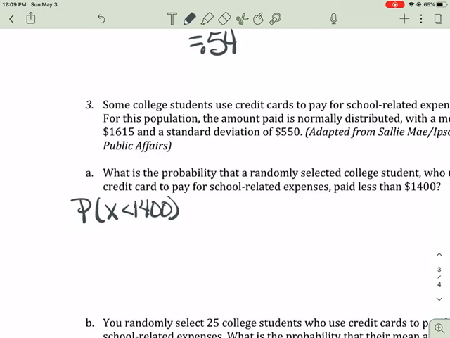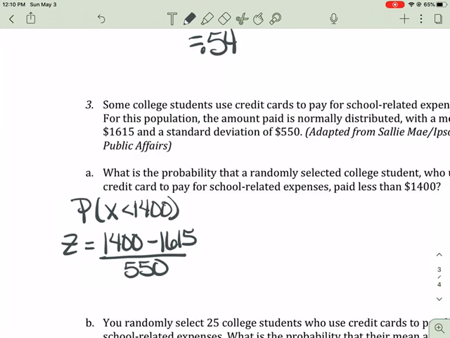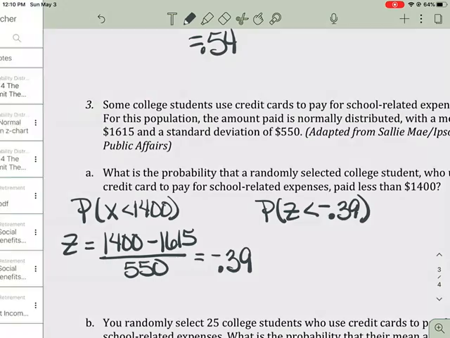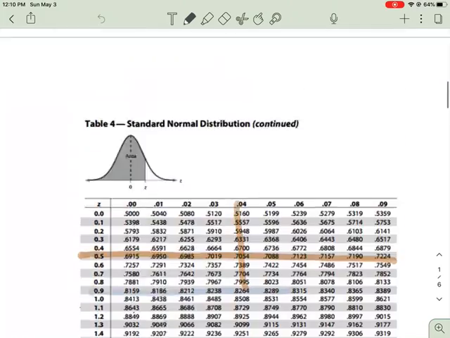So we want to be less than 1,400. Notice I'm using not X bar there, but just X. So I'm going to convert that to a Z. Notice my denominator is just $550. I got negative 0.39. So we're finding the probability that Z is less than negative 0.39.